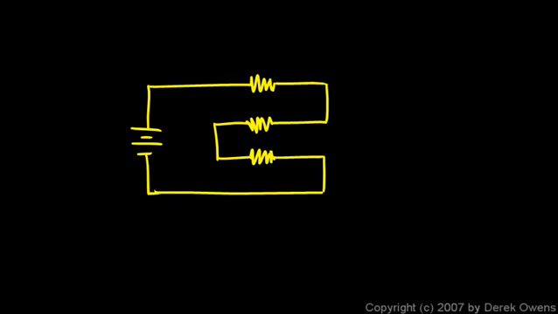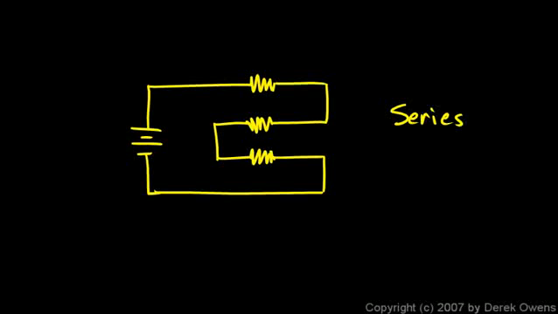Look at the actual physical layout on the screen here. These 3 resistors are literally parallel to each other. Those wires are parallel. They form parallel lines. But this is not a parallel circuit. This is a series circuit.